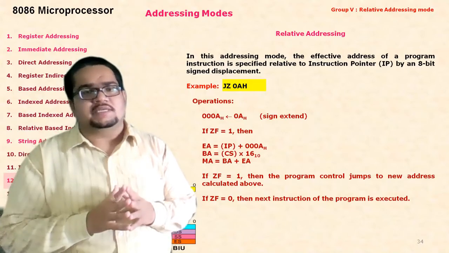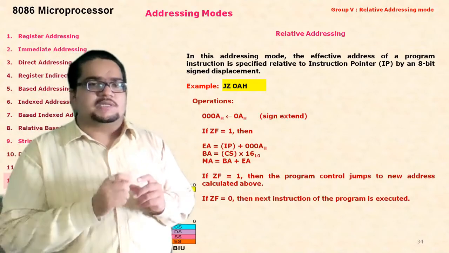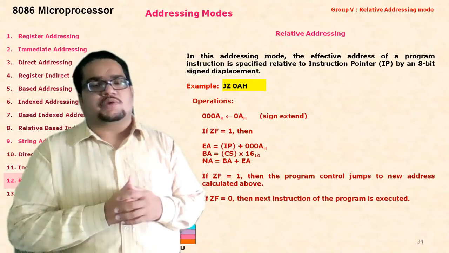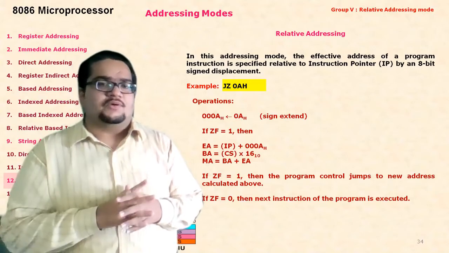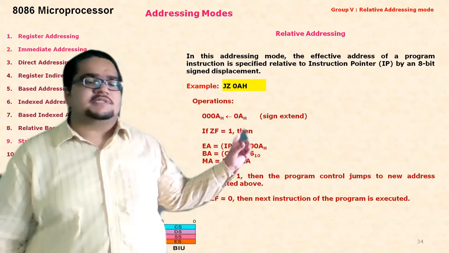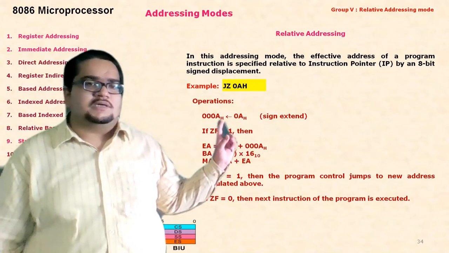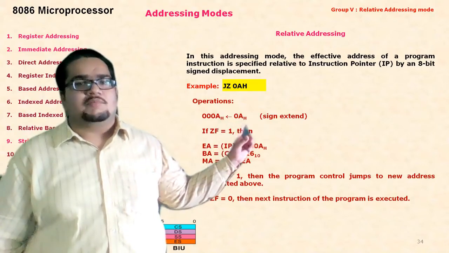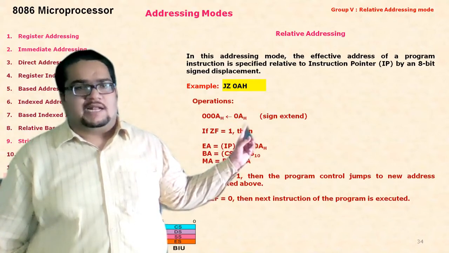So in the relative addressing, we write the relative distance from this instruction's location to the other instruction's location where we expect our program execution to go. Here you can see how the operation is carried out: first that 0AH is sign extended, as the offset address or effective address will be 16 bits in format, but the 0AH I am writing is only an 8-bit number.